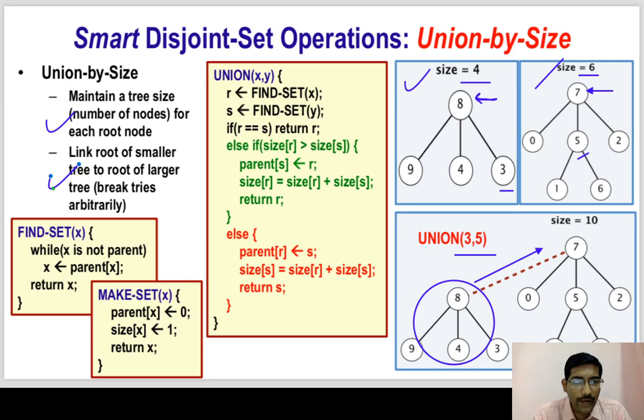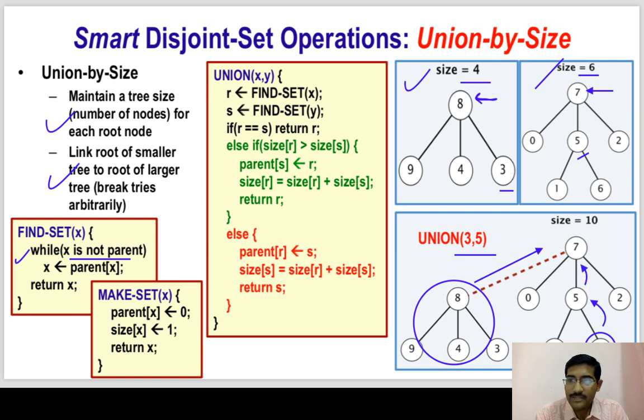So how do we do find set operations there? If we are given an element x, for example in this tree, if we want to find set of 6, then while this element is not the parent, I will gradually go towards the parent. So I will assign x to the parent, then assign x again to its parent, and so on.